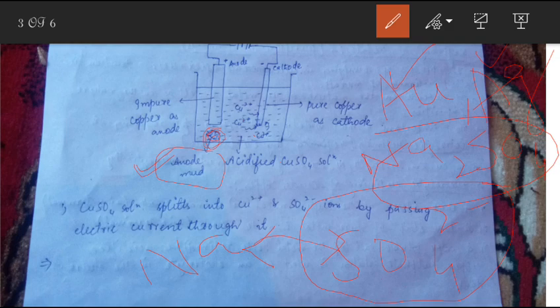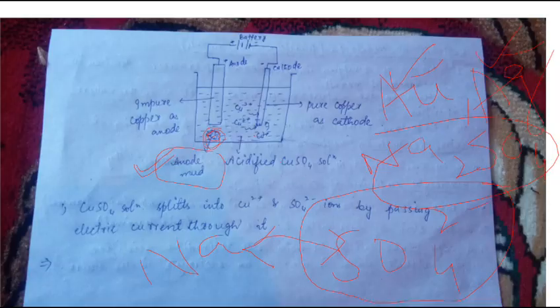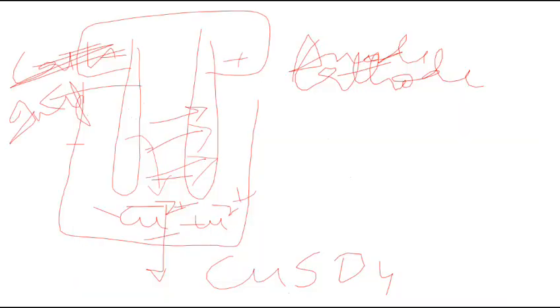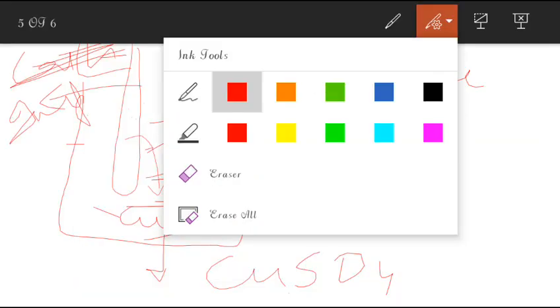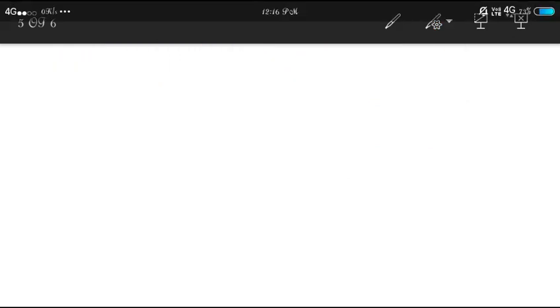And second, due to this method we are able to recover other valuable metals like gold and silver. So it has two advantages: it purifies the metal and it recovers other valuable metals. This was the electrolytic refining of copper.